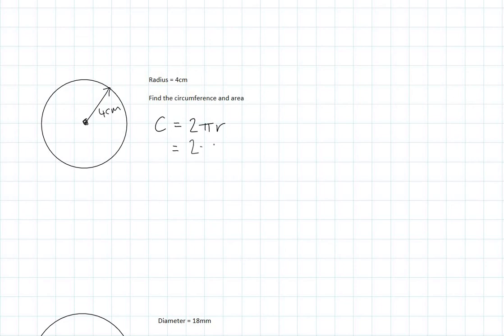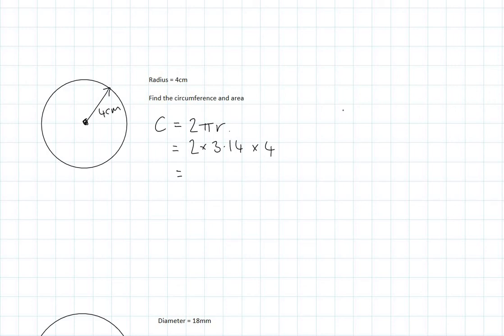You probably do this just in a calculator, 2 times 3.14 times 4. 3.14 is a shortened pi, it's pi to 2 decimal places. If you want to be serious, use the pi button on your calculator, and that will give you, like 8 decimal places or something, however many decimal places fit on your calculator screen. So it's more accurate. This is just kind of a quick way.